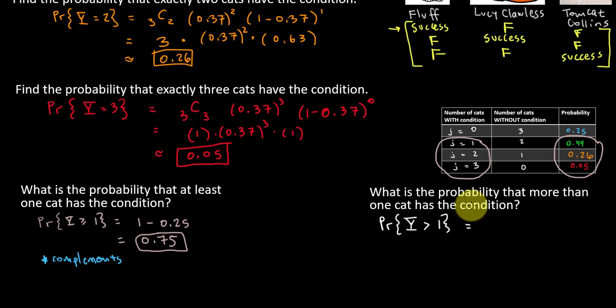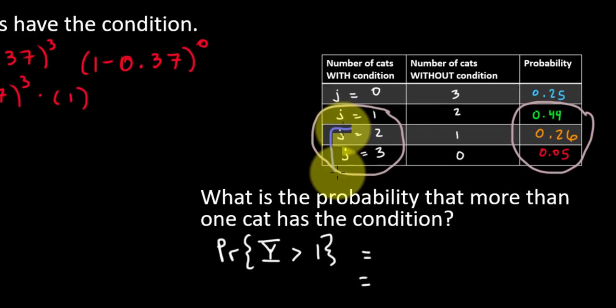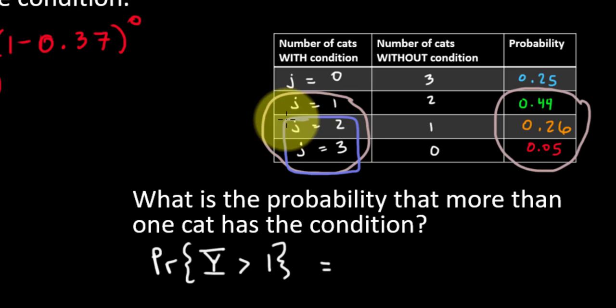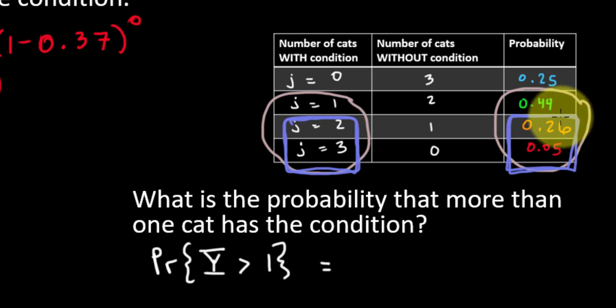And in this case, I need to consider more than 1. So I'll use blue here. I need the probabilities that correspond to 2 and 3 successes. So 2 or 3 successes. I need those 2 that I'm putting in a box there. So I will add those up.